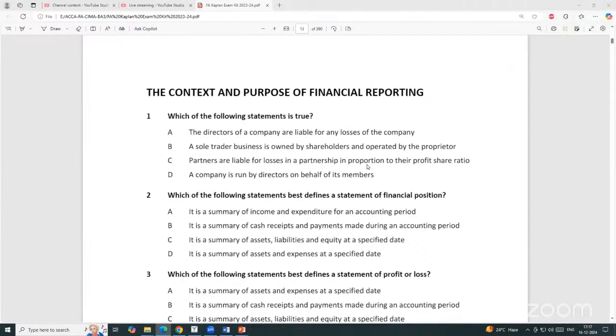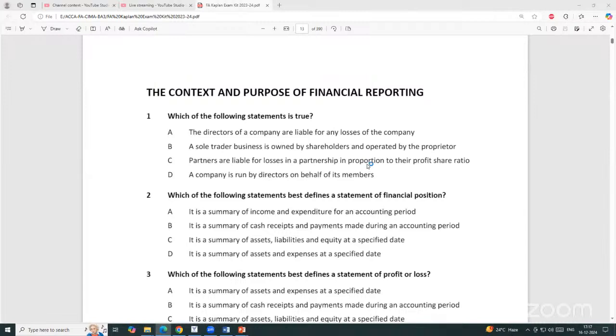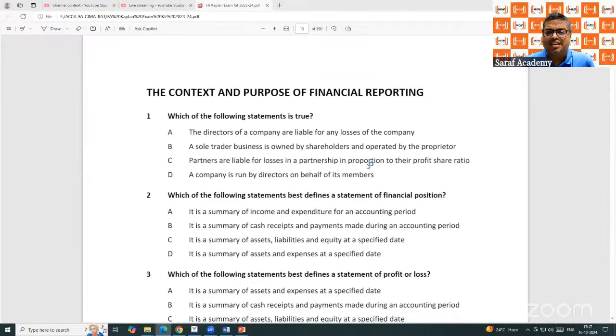So companies are run by directors. Not only directors, there are other employees like managers, CFOs, CEOs. But all the CFOs, CEOs are directors only, sir. You cannot say that the managers are running the company. A company is run by directors on behalf of its members.